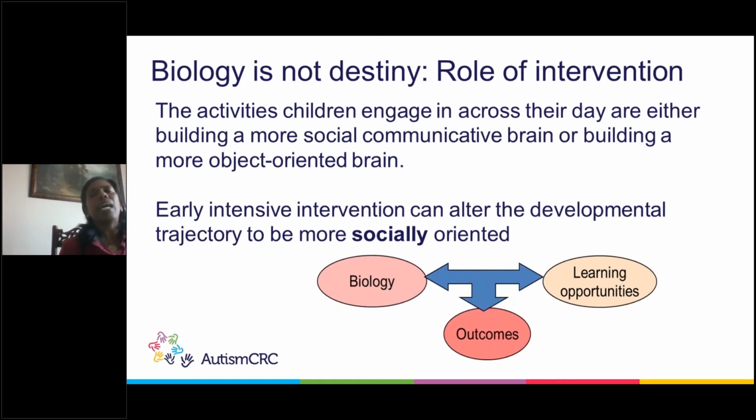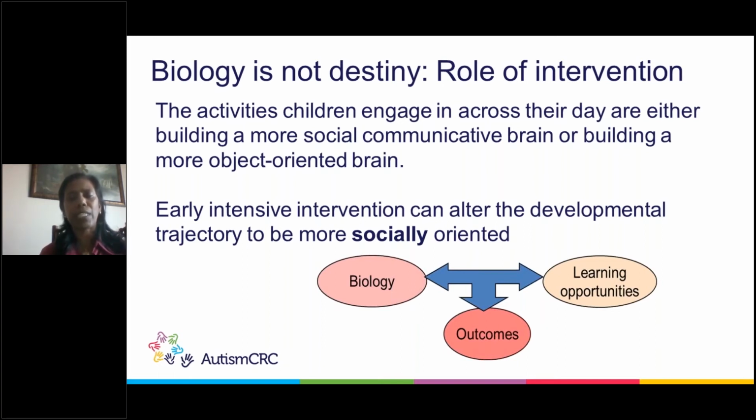So again, having a deeper understanding of how your brain is activated, how your behavioral profile and your cognitive level and everything else that the family and the support and the environment is providing to you can all be optimized. And we all know that biology is just the starting point.